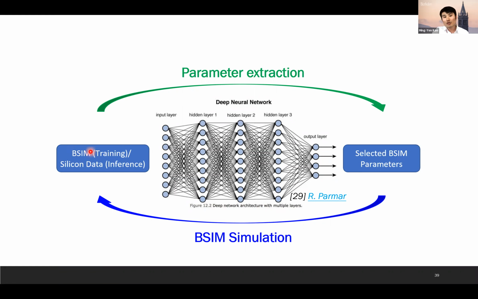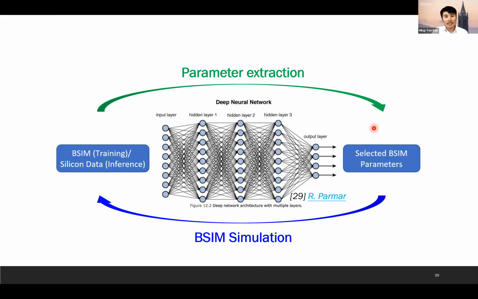And we can do the reverse process and feed this into a deep neural network for training. The input will be the output of the BSIM simulation of those randomized simulations for the training data. And the output will be the corresponding BSIM parameters. So basically, we are training the model to do the reverse process of the BSIM simulation.